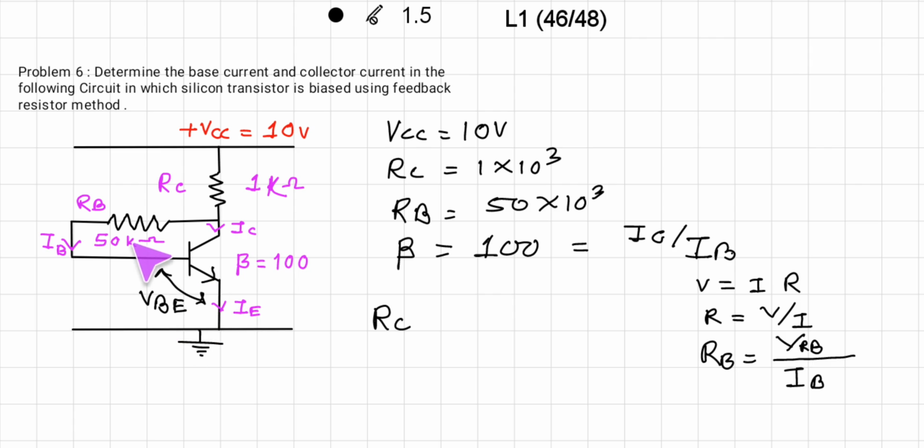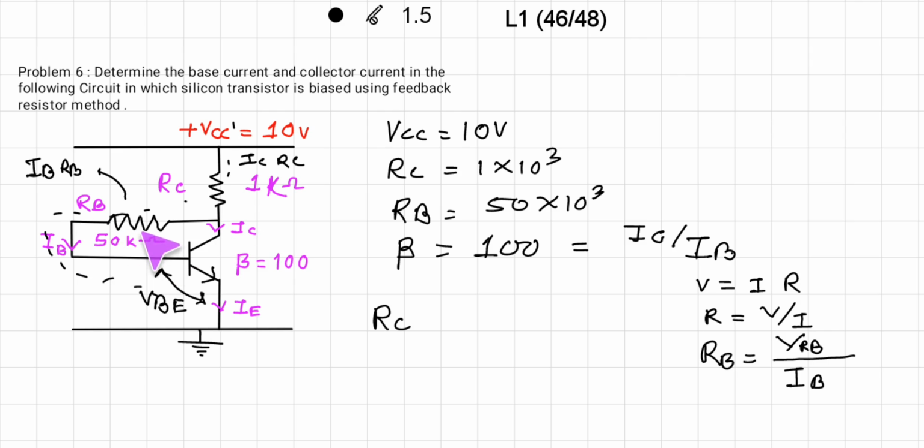So the voltage drop across this is VBE, across this it is IB RB, and across this is IC RC. Now if we apply Kirchhoff's law to this base circuit, you will see that VCC is exactly equal to this voltage plus this voltage plus this voltage.